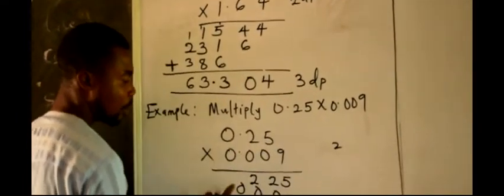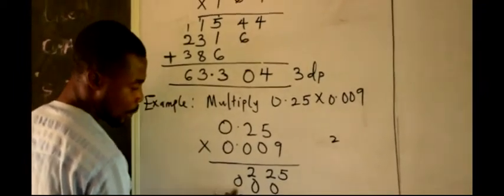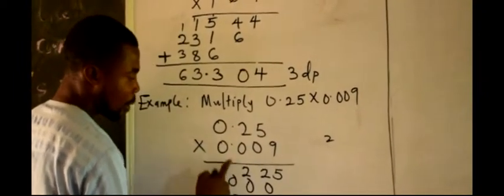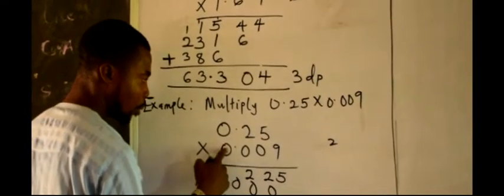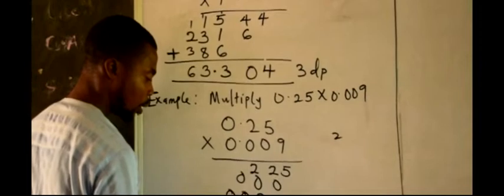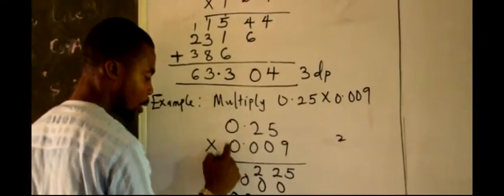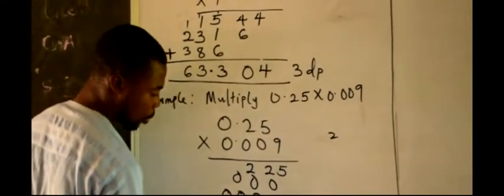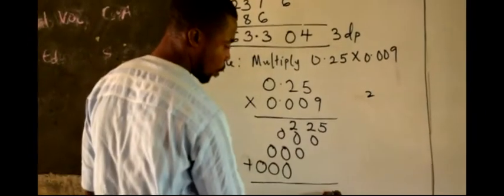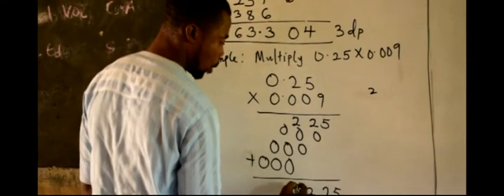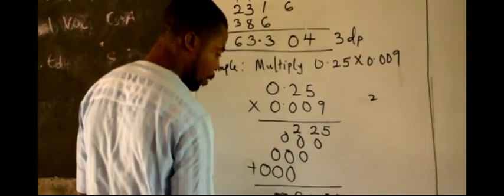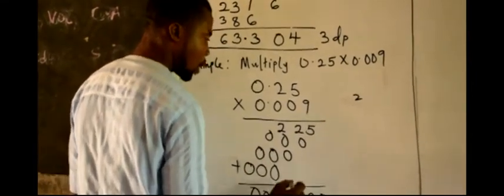And the last number, which is 0, I'm writing the answer here. 0 times 5 is 0. 0 times 2 is 0. 0 times 0 is 0. Now I want to add 5, 2, 2, 0, 0, 0.